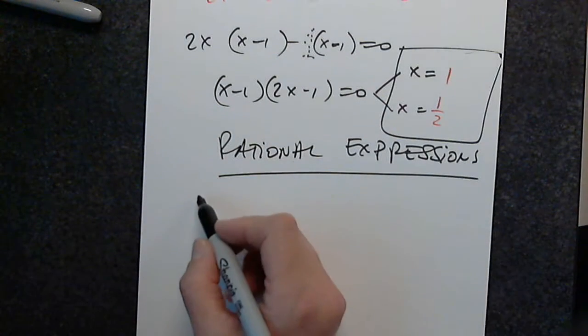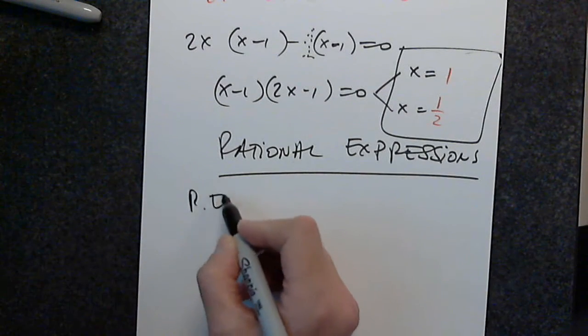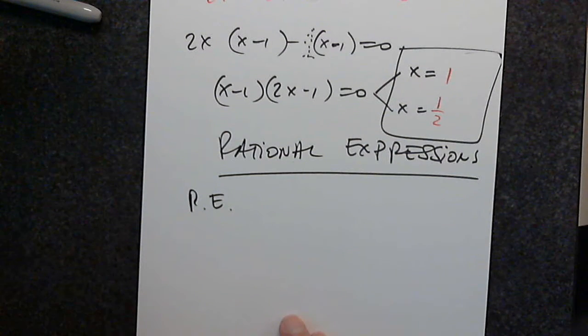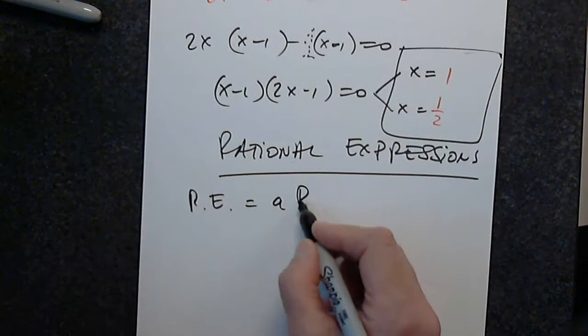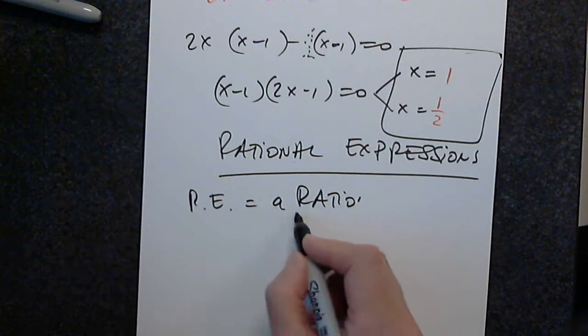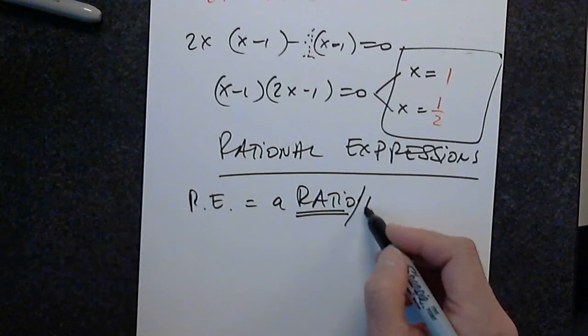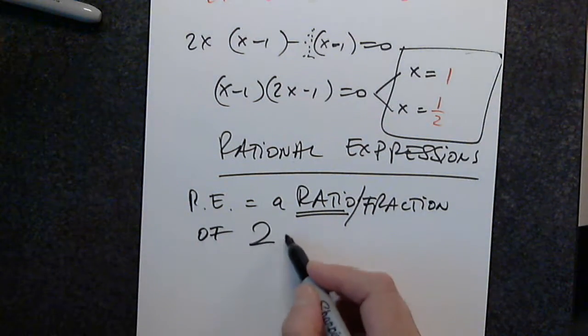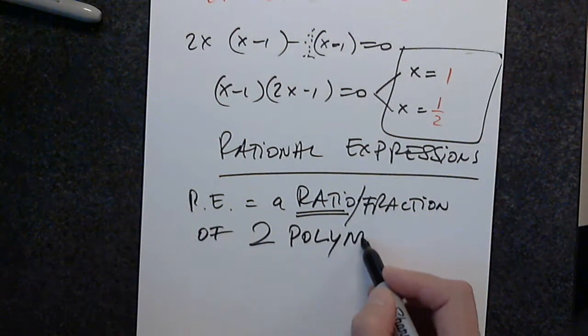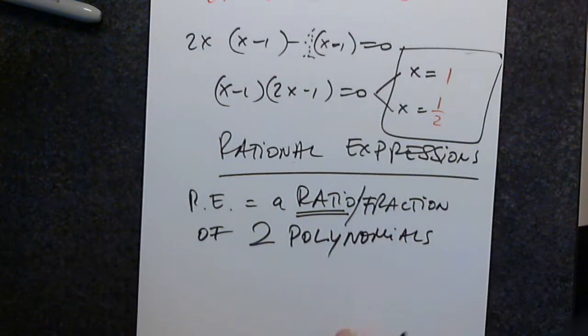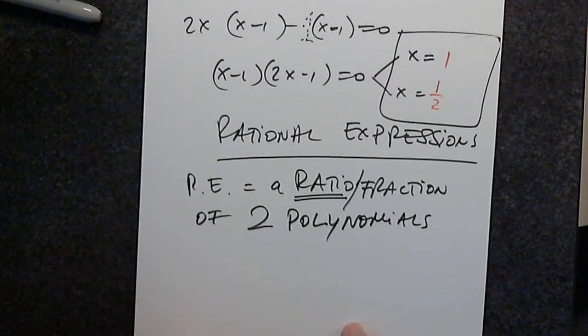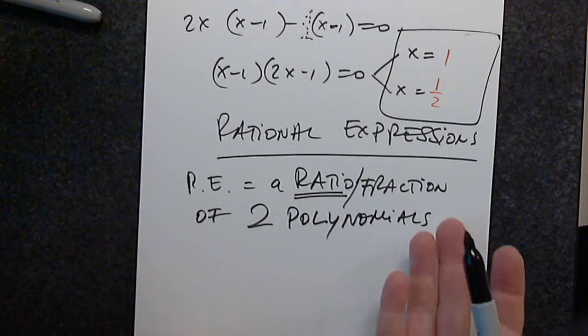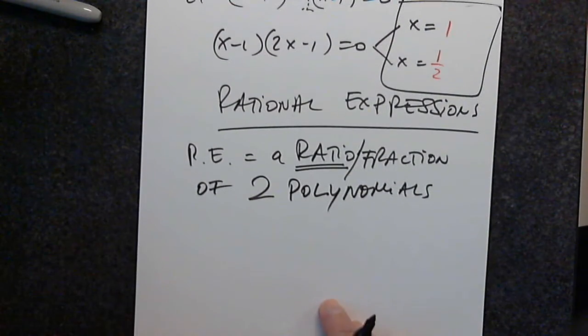A rational expression, I'm going to abbreviate RE, is a ratio, a fraction in other words, of two polynomials. That's the definition. A rational expression is a ratio or a fraction of two polynomials.